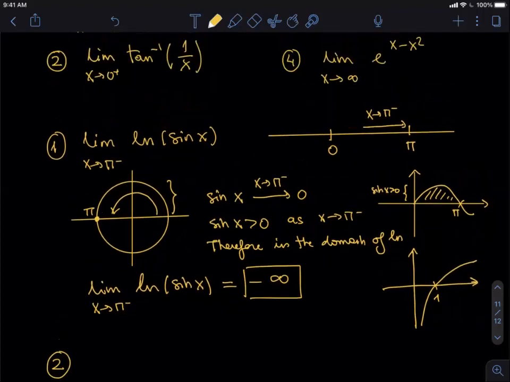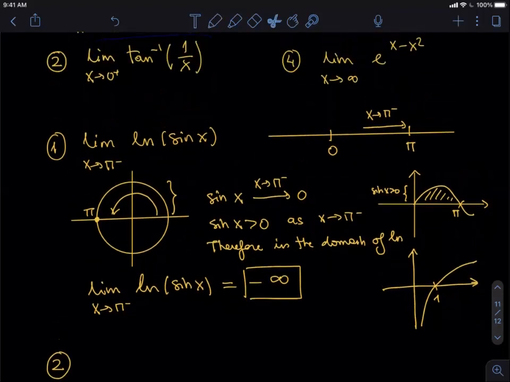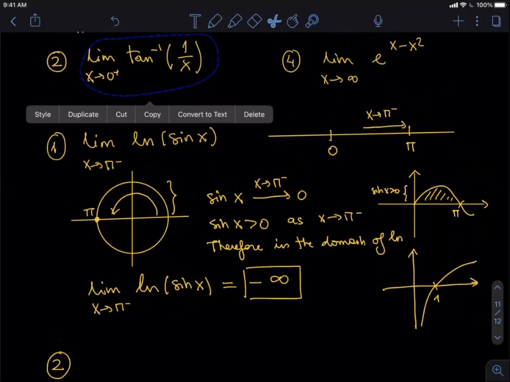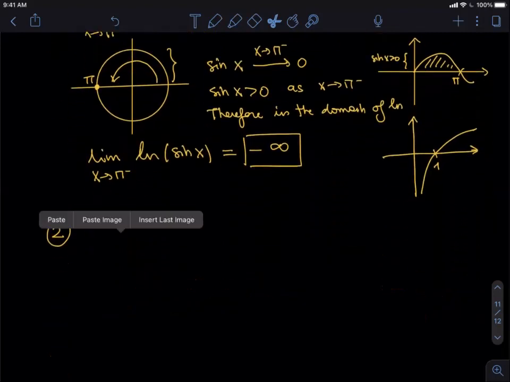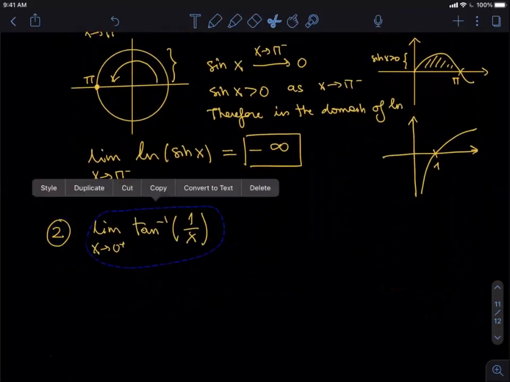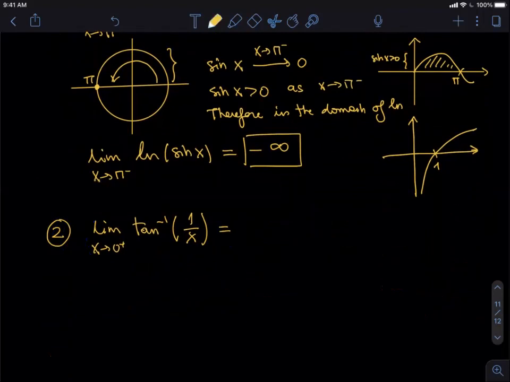Number 2. For number 2, we have here a limit involving the arctangent, which is a fan favorite. Remember, I see this every year in the test, that it is written tangent to the -1, and somebody thinks that we are dividing by the tangent. No, that -1 means the inverse of the tangent, and the inverse of the tangent is the arctangent.